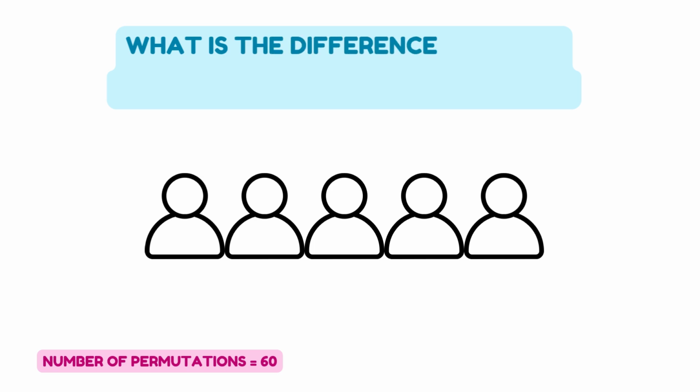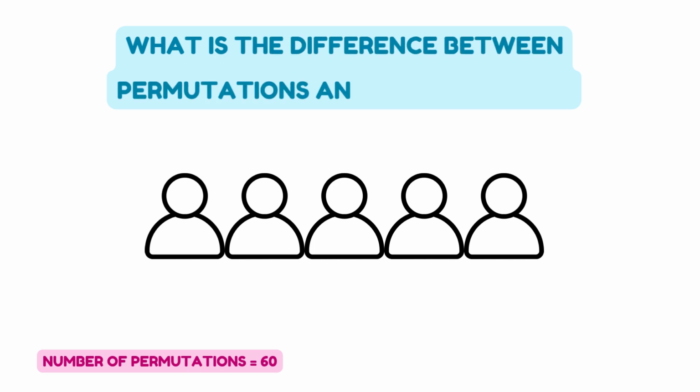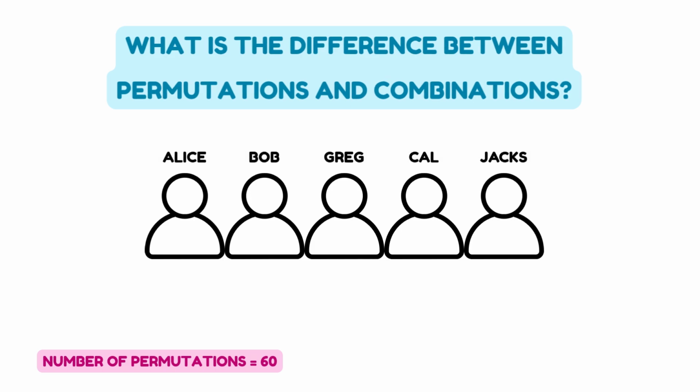But what is the difference between permutations and combinations? As I said before, it's all about order. So let's name these people. Let's say they are Alice, Bob, Greg, Cal, and Jax. The combinations here are many, but let's look at the first combination, which is choosing Alice, Bob, and Greg. So this is one combination.